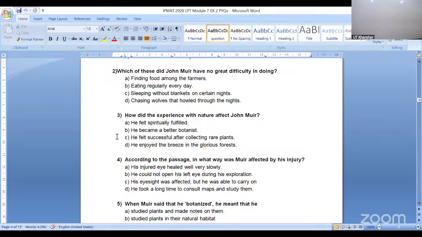Arav, where's the answer to question 3? Where did you get the answer from? Ma'am, which question? Question 3. Arav, are you there? Yes, ma'am. You did question 3, right? So, where did you get the answer from? Ma'am, wait a second, I'm just finding that line. I've underlined it.